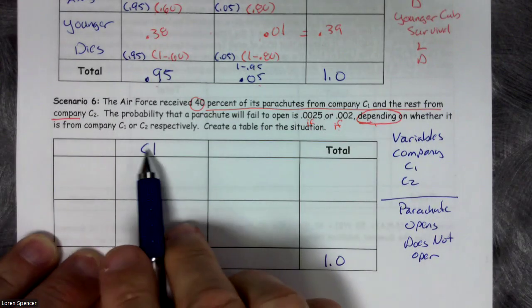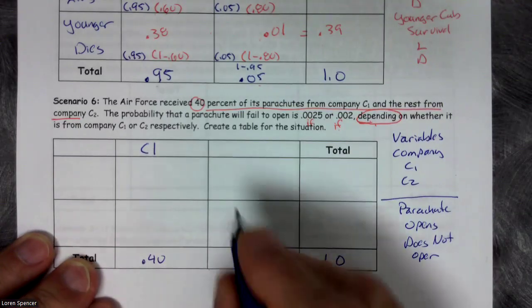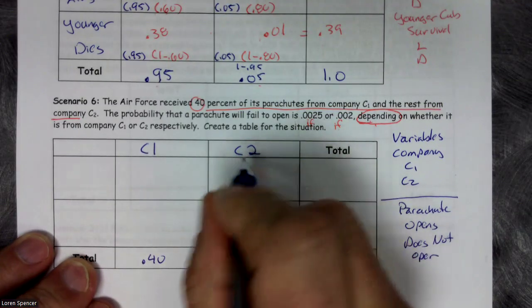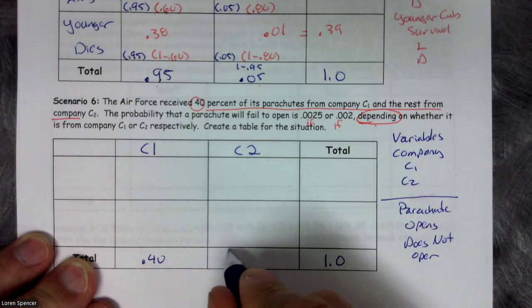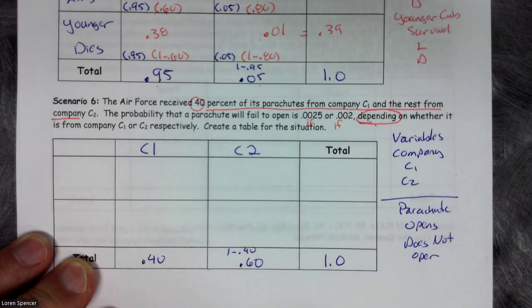So those are my variables. So we have C1. If that's C1, this is going to be C2. Company one, company two. 1 minus 0.40 gives me 0.60.